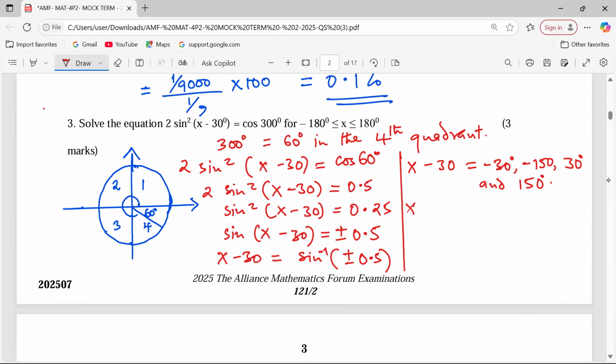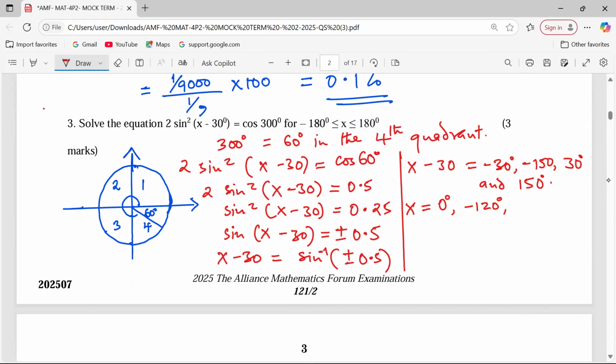Can we now remain with x by taking negative 30 to the right, where obviously it shall be added? Negative 30 plus 30, because it has to be added now on the other side. That becomes 0 degrees. Then negative 150 plus 30, which is negative 120 degrees.